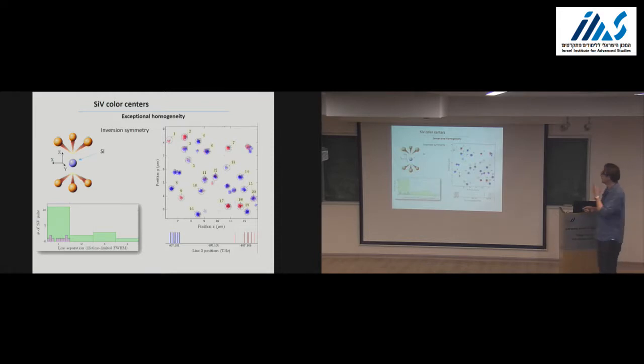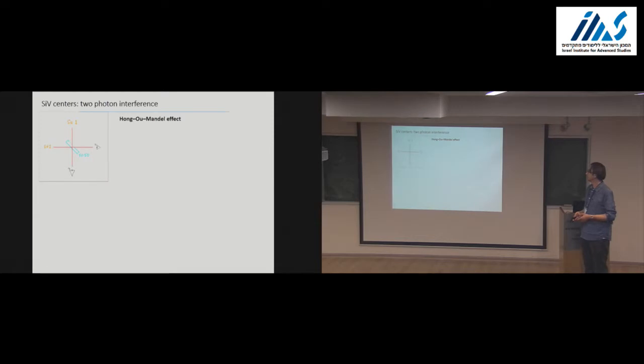And so if you start to extract photons from different color centers, so now different emitters in diamond, and bring them on a beam splitter, because they're indistinguishable, they will start to interfere. So you can think about the following experiment. You build a Mach-Zehnder interferometer, where the two input ports are two different color centers, and you extract the photons from two different color centers and bring them on a beam splitter.